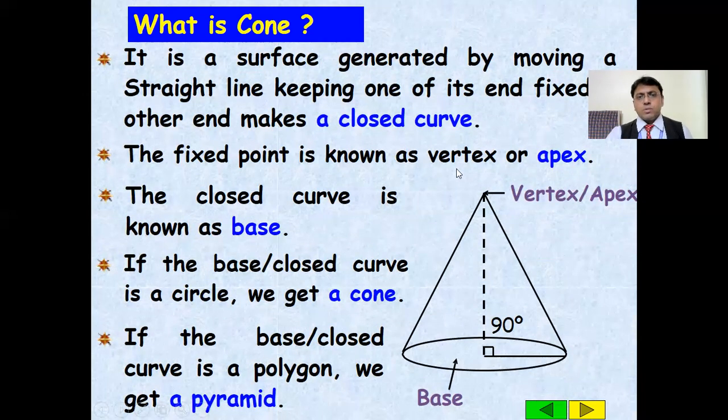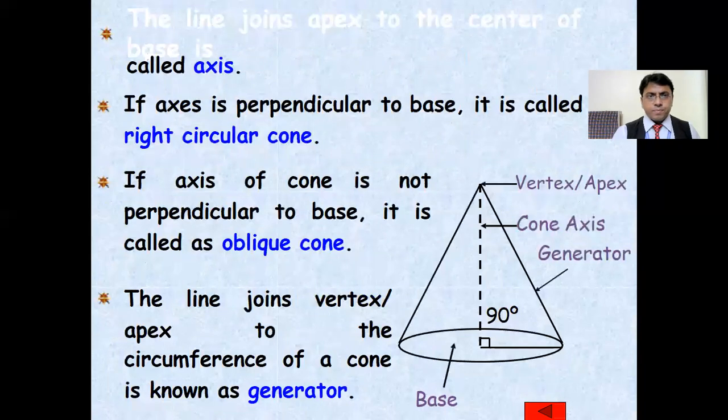The fixed point is known as the vertex or apex. The closed curve is known as the base. If the base or closed curve is a circle, we get a cone. If the closed curve is a polygon, we get a pyramid. These things will be elaborated one by one in our next learning of the same module.